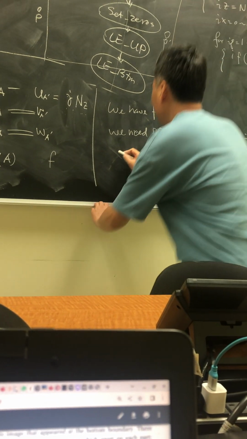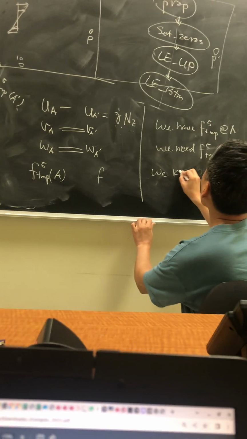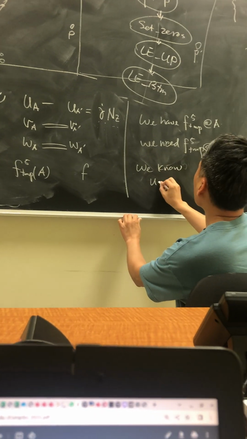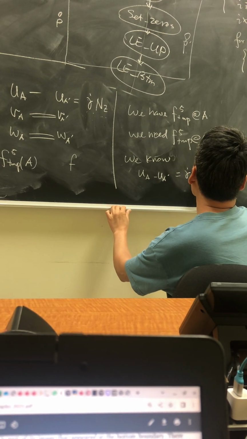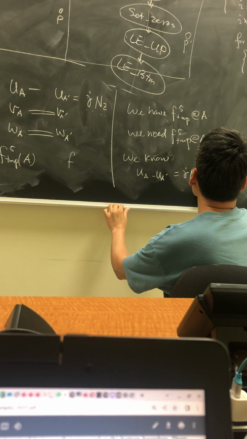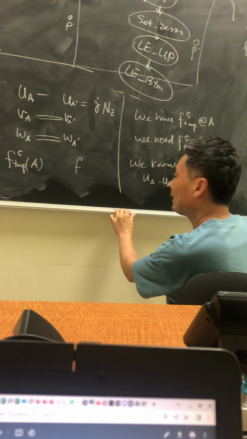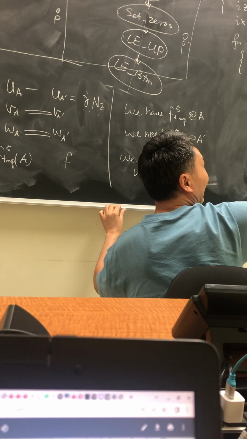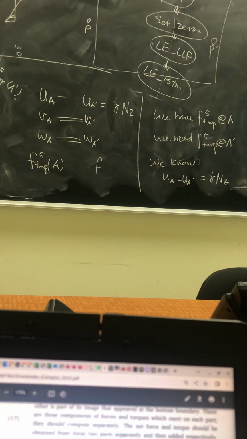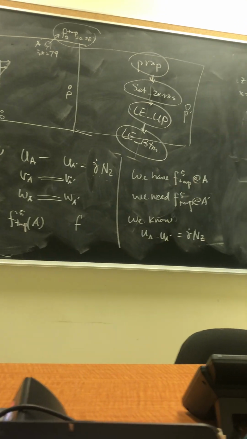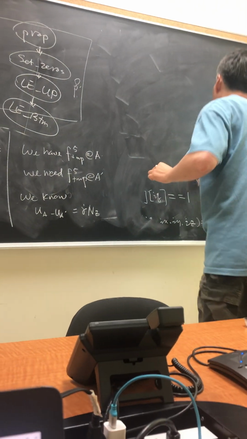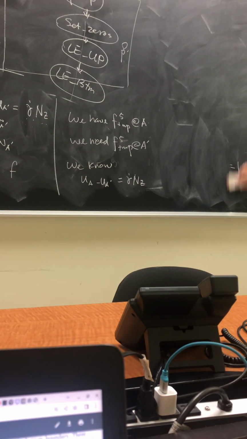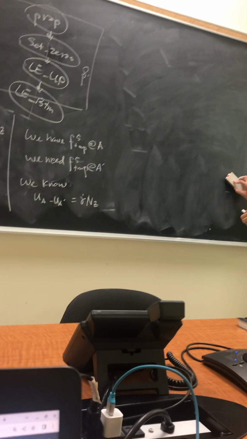What we know is that UA minus UA prime is gamma dot NZ. So this can be calculated. That is the ULE. So what we assume is that the difference between these two is the same.